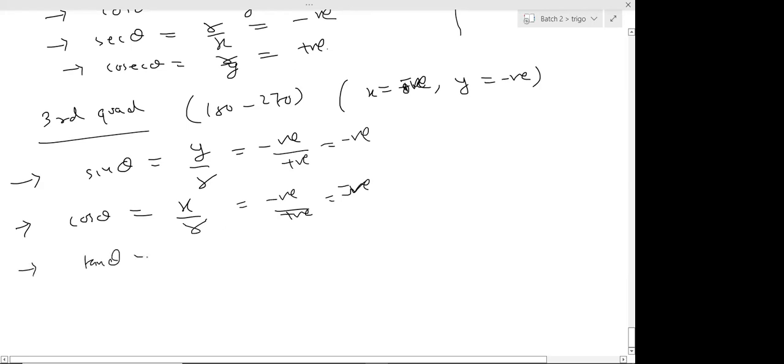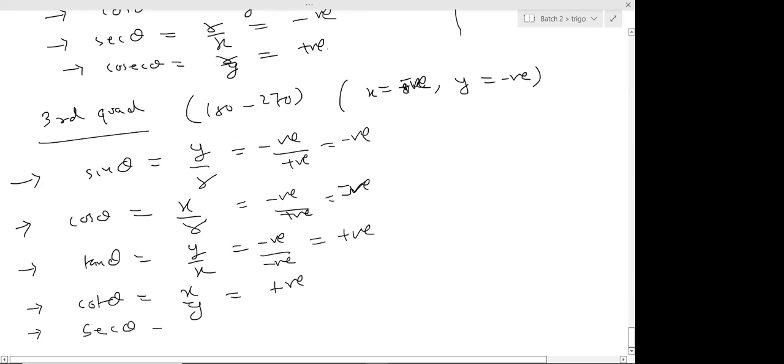Tan theta is y upon x. So this is negative, this is also negative. So in total, we get positive value of tan theta. Same for cot theta. For sec theta is inverse of cos. So this is also negative.